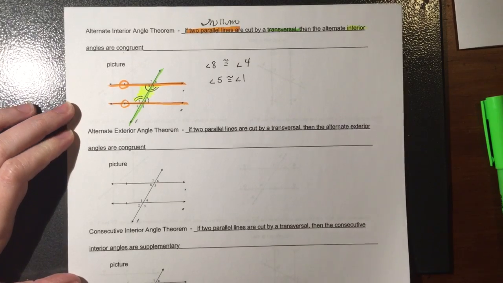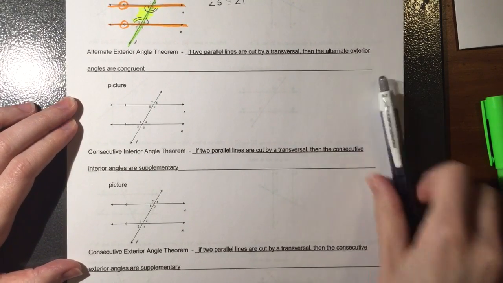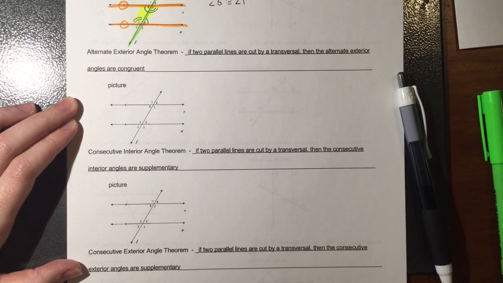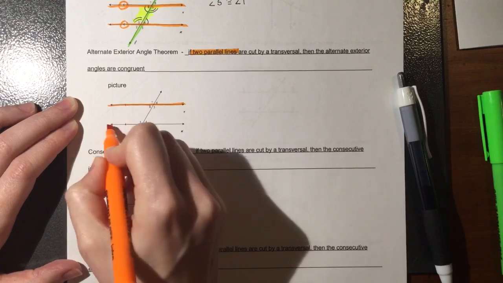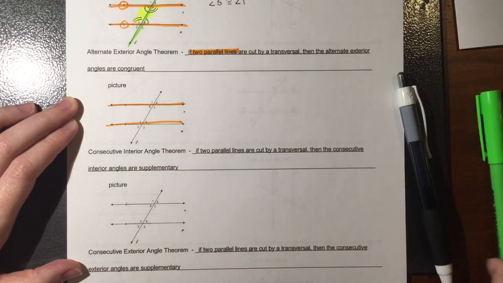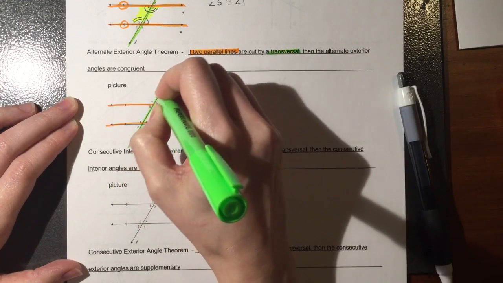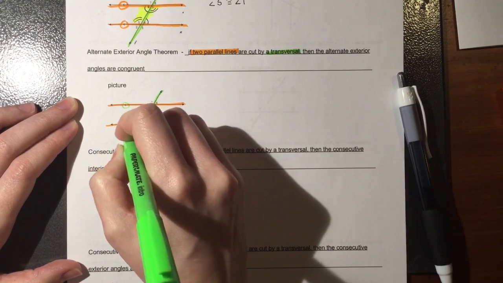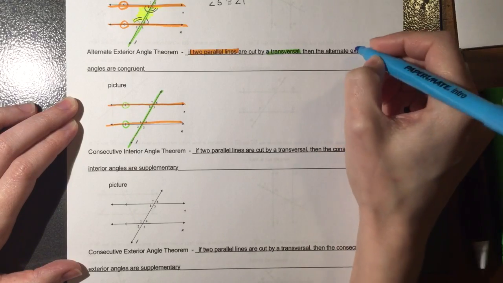All right, so the next one we have is our alternate exterior angle theorem. That tells us that if we have two parallel lines cut by a transversal, and again there are those little symbols that tell us that they're parallel, then the alternate exterior angles are congruent.